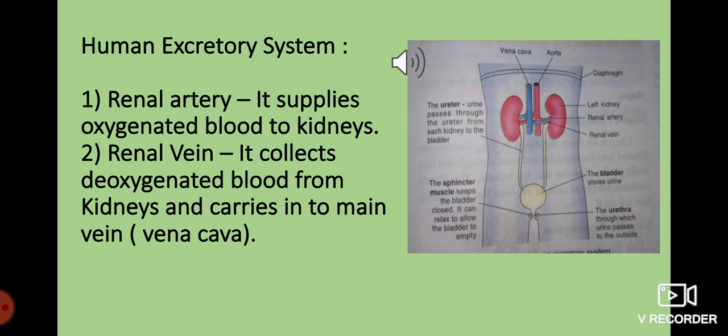The renal artery supplies oxygen-rich blood to the kidney, and after the blood has been filtered in the kidney, the renal vein carries the deoxygenated, dirty blood from the kidney to the main vein, whose name is vena cava.